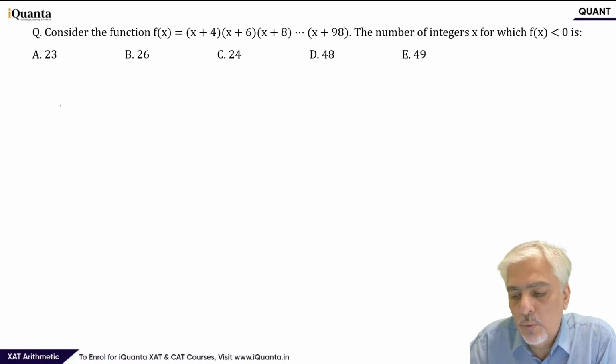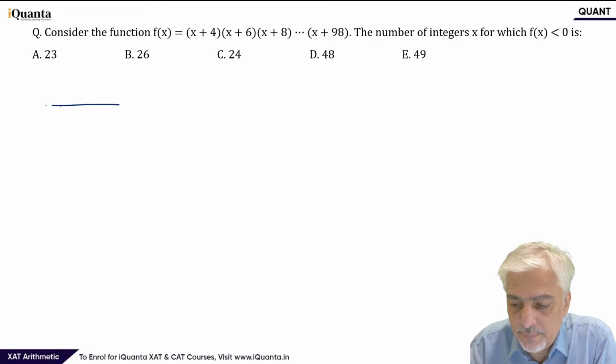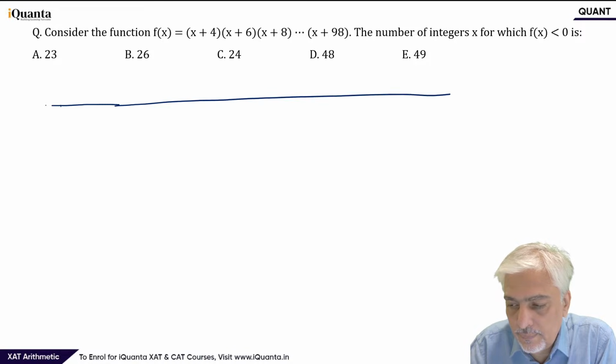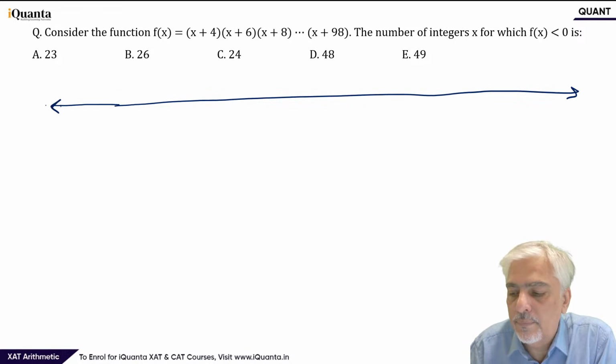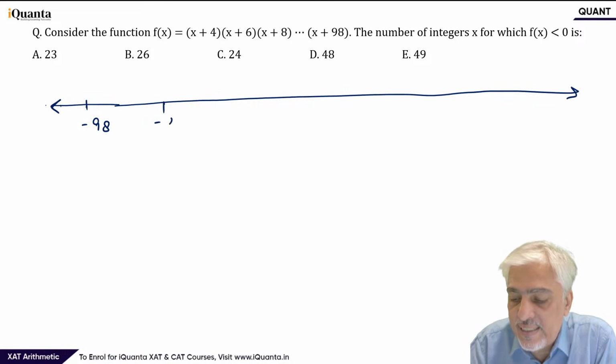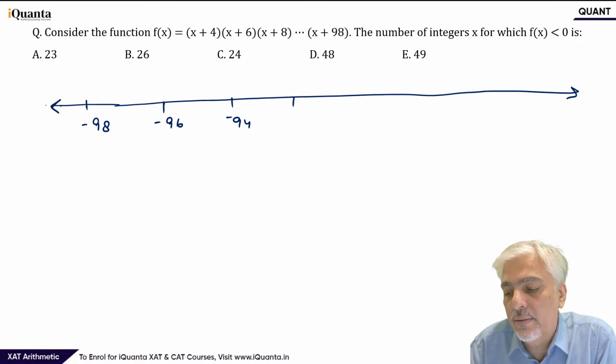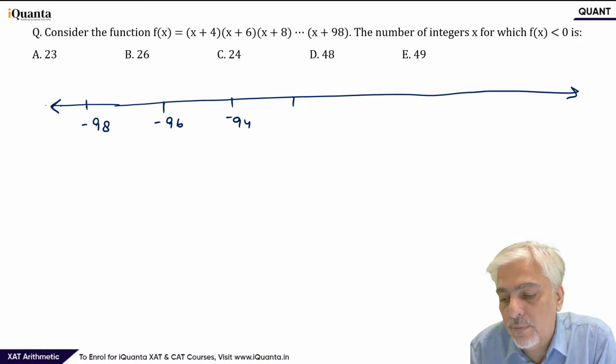What will I get if I make my number line? There'll be minus 98 on the number line, minus 96, minus 94, and so on, up till minus 4.